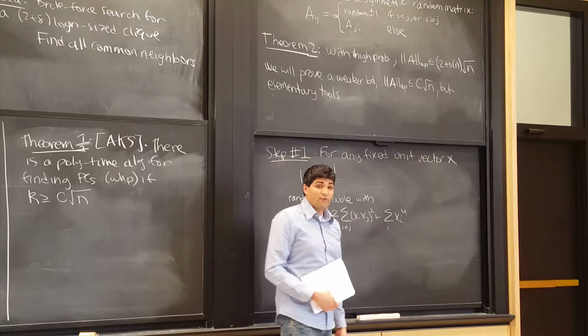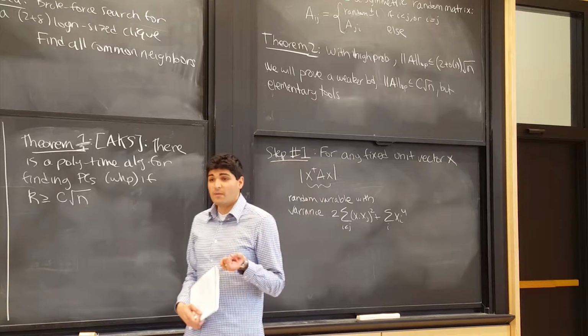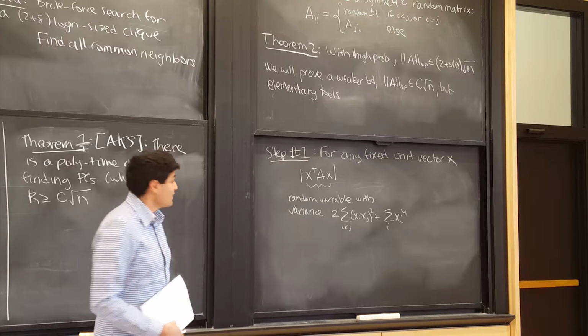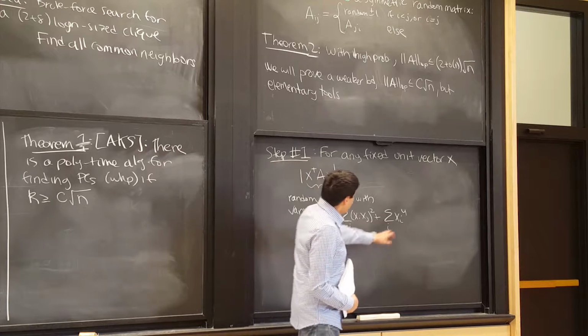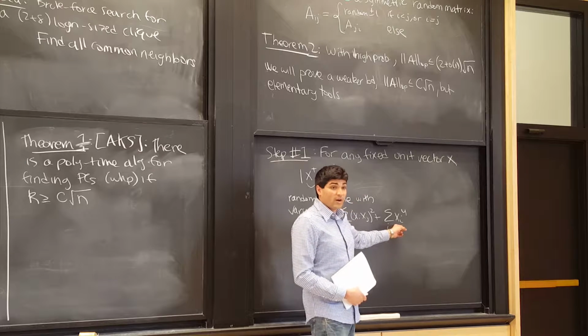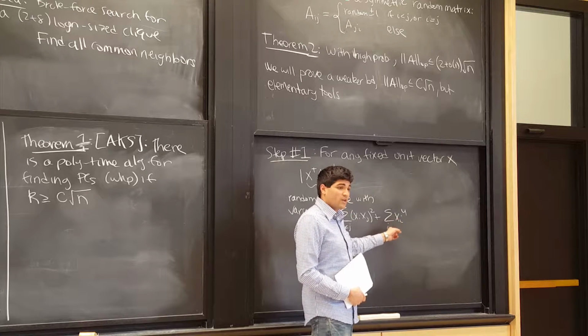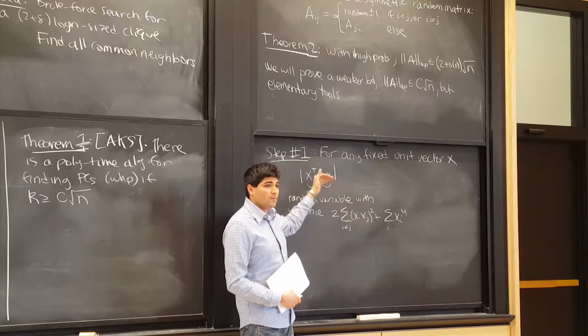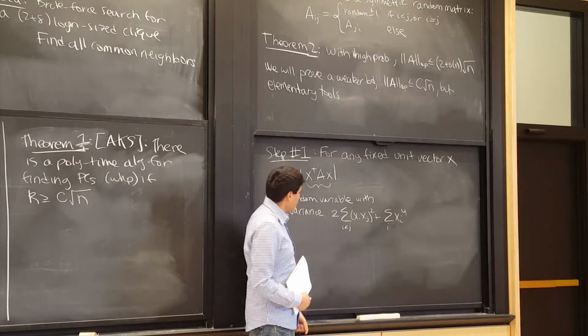And when we take the variance of that individual random variable, we're going to get x_i to the fourth times the variance of a_ii, which gives exactly this quantity right here. So this is going to be the contribution from the diagonals. And similarly, when we look at the off-diagonals, let me restrict to the upper triangle instead.